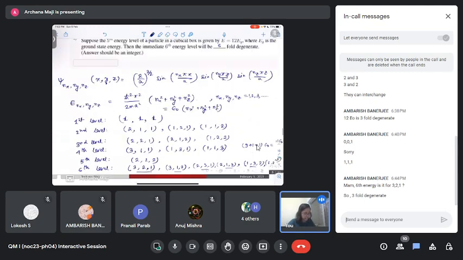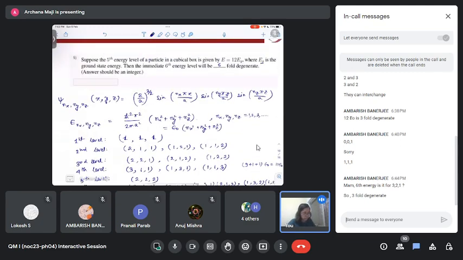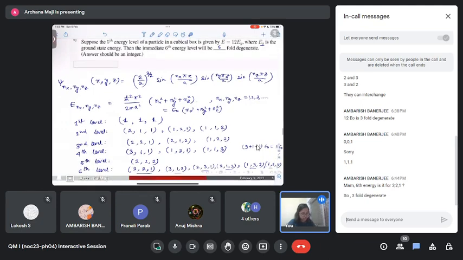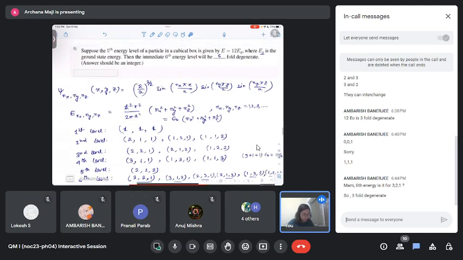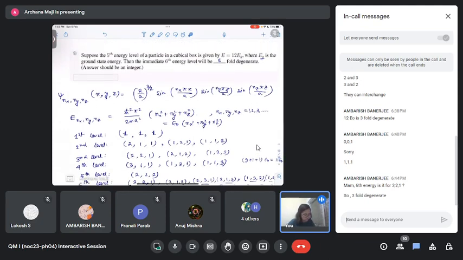Here again it says Eg is the ground state energy, but I again think it should be h cross square pi square over twice m a square, because what is Eg? The ground state energy is equal to h cross square pi square over twice m a square into 3, right? 1 plus 1 plus 1, 3.